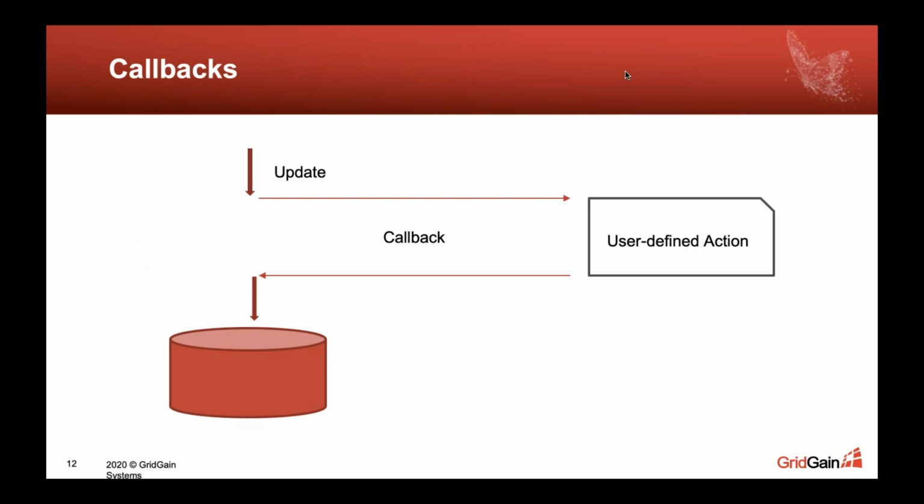Schematically, this can be pictured this way. When an update happens in your database, the system executes the user-defined action. And then once this action is executed, the update finally propagates to the underlying storage.